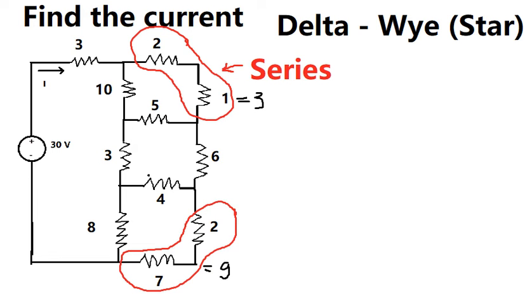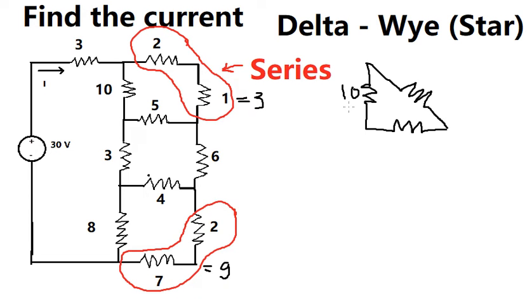Now I will consider this one first. If we look carefully, this one is just like the delta. So we have 10 in here.